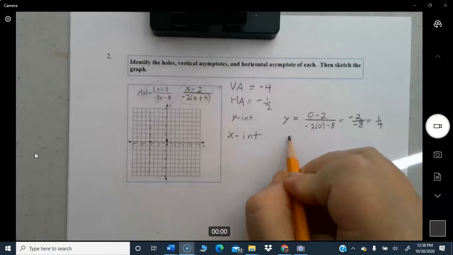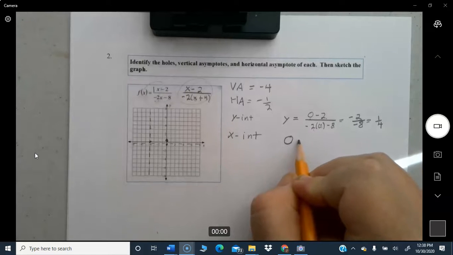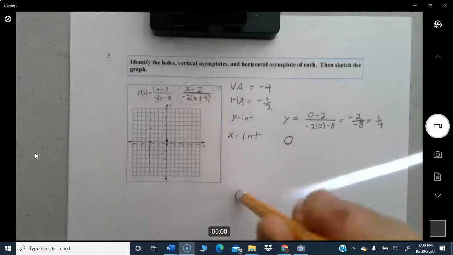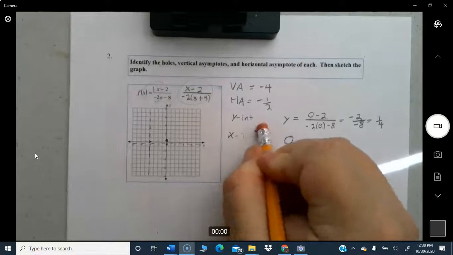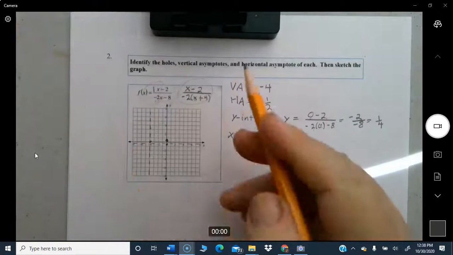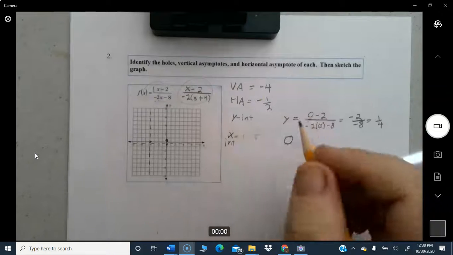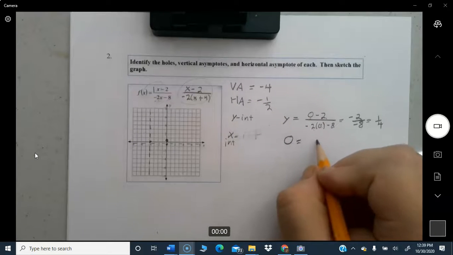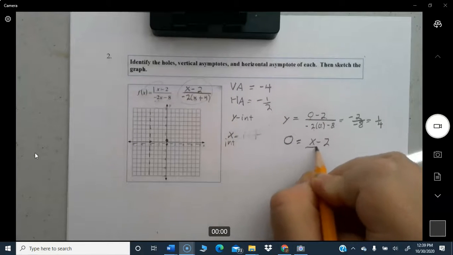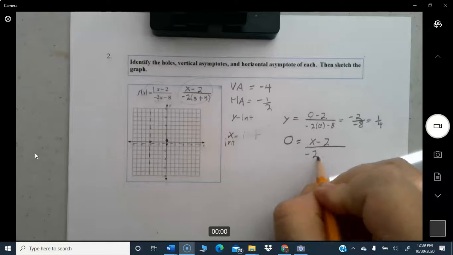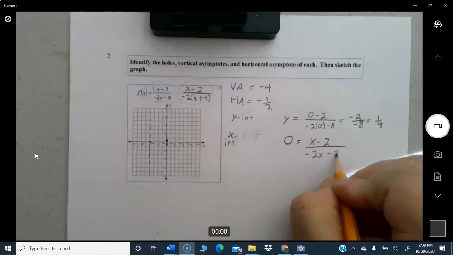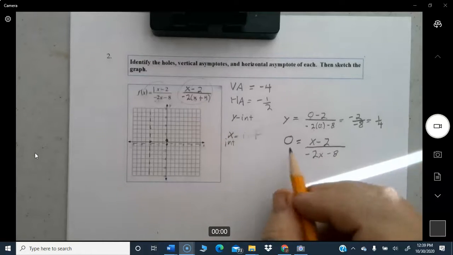And the x-intercept: that's where you set y to 0, and then you figure out what x is. I wrote this right in the way of where I'm going to need to write. X-intercept. So how do we solve that?